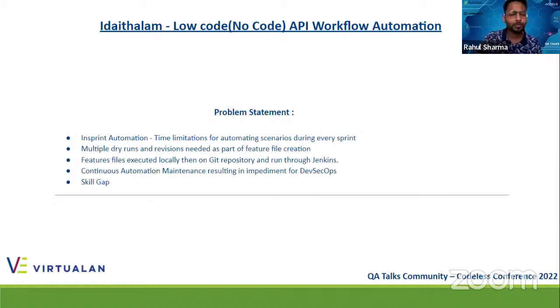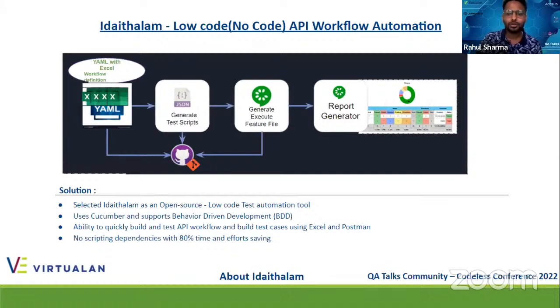So these were the problem statements in my case, and all of them got solved with the help of Idaithalam. Let me move to this. This is a block diagram that I've put in to showcase how Idaithalam works. First, we have to write the test cases in Excel.